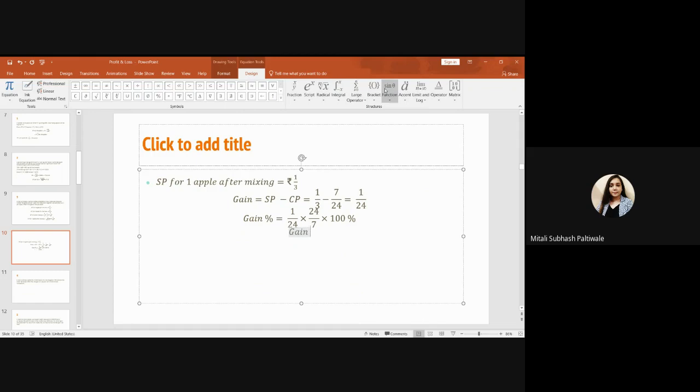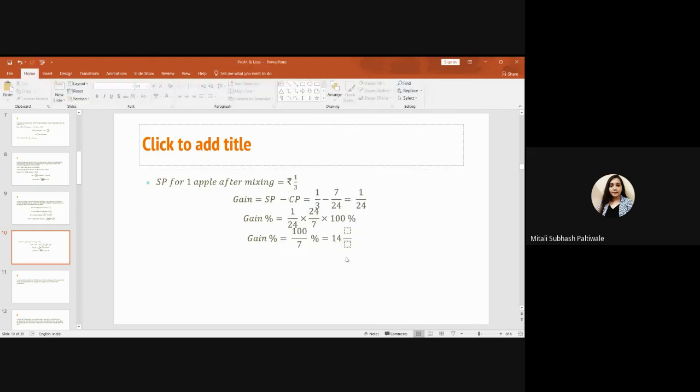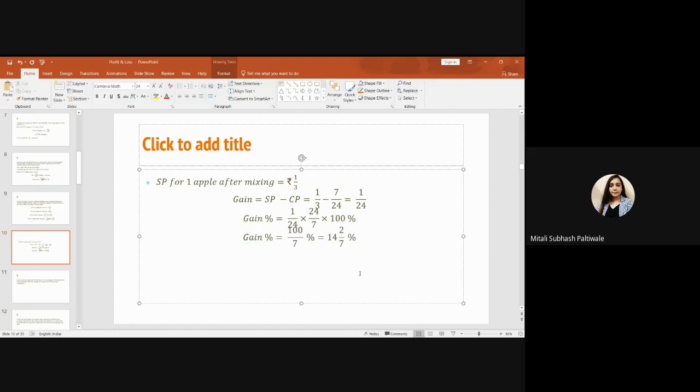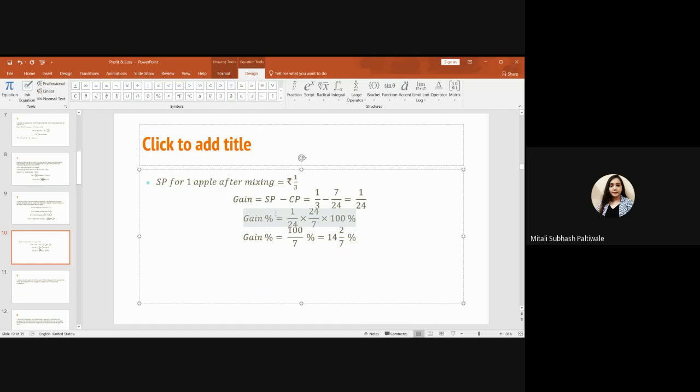So gain percentage would be equal to 100 by 7 percent, which is nothing but 14 2 by 7 percent. Okay, so this is the answer for this question, and this is how we are supposed to find it.